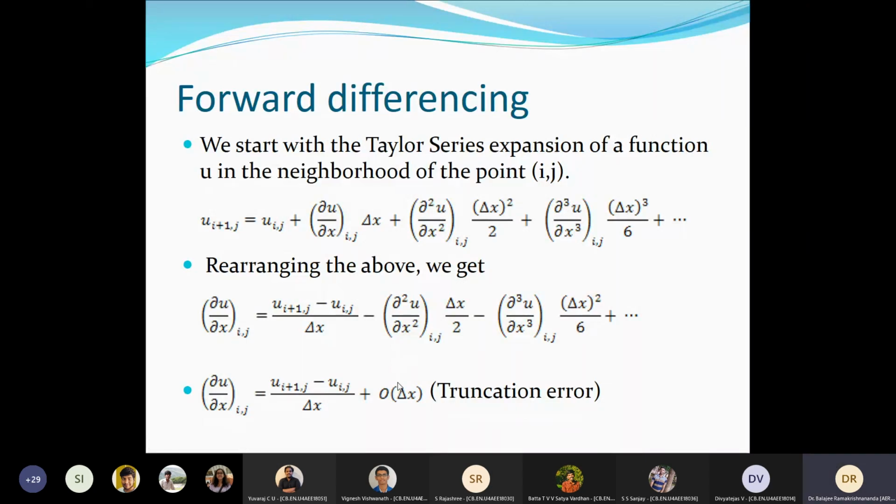This is called a first order method, where the error is of the order of delta x. Okay. So far, if you have doubts, ask right now. Otherwise, we'll go to the next slide.